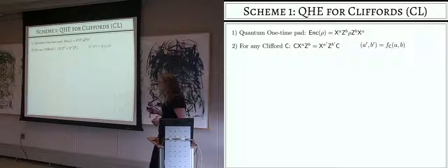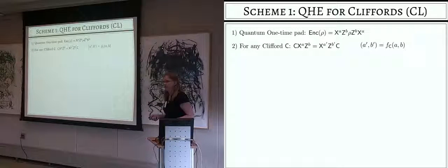So what this A prime and B prime are depends on the circuit C and also the Pauli X to the A, Z to the B, which is defined by A and B. So there's some function for every Clifford, f sub C, that will take these A and B to some A prime and B prime such that this is true.